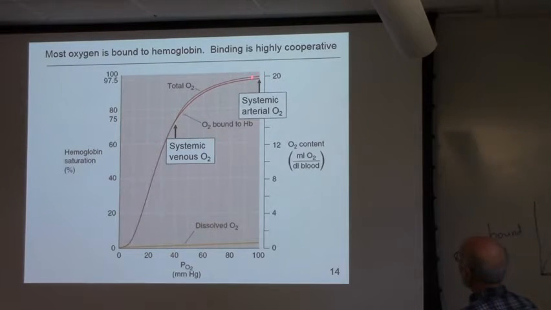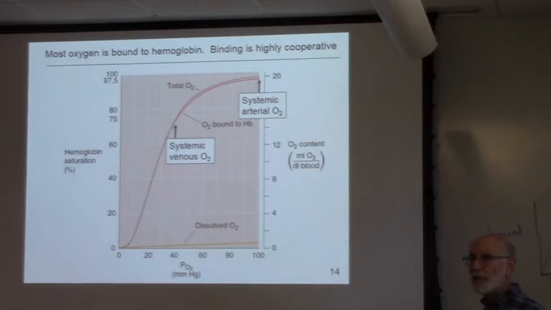So this is the range in which we normally work, arterial to venous, from 98% saturation to 75% saturation. Even venous blood, after it's been drained of as much oxygen as the body takes from it, is still 75% saturated with oxygen. It's just an interesting fact.